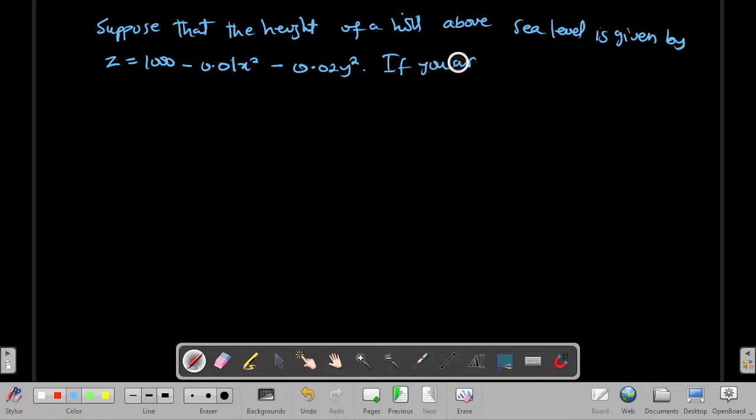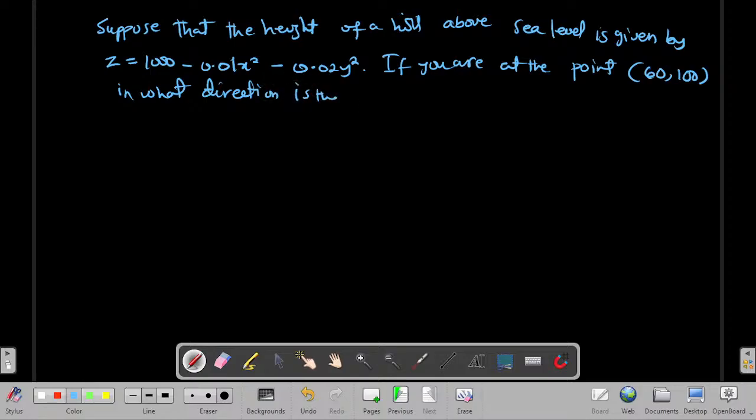If you are at the point (60, 100), in what direction is the elevation changing fastest?